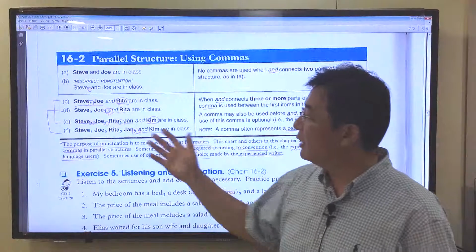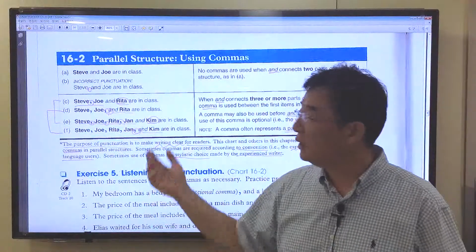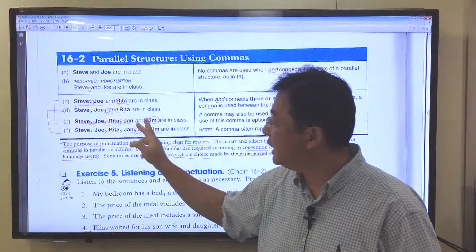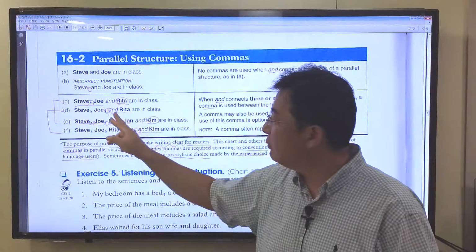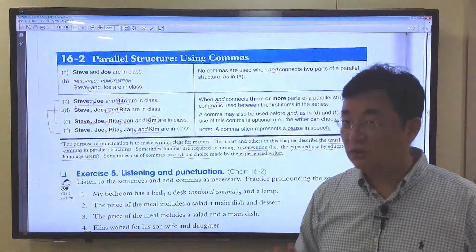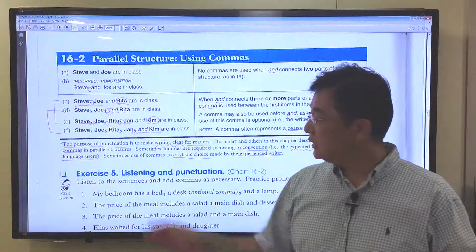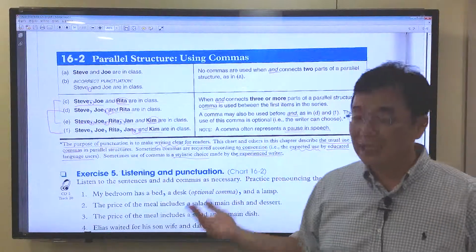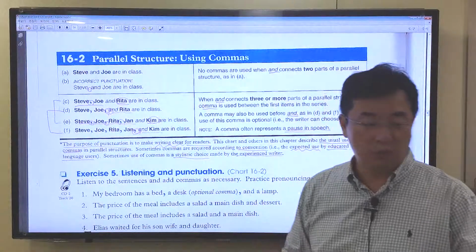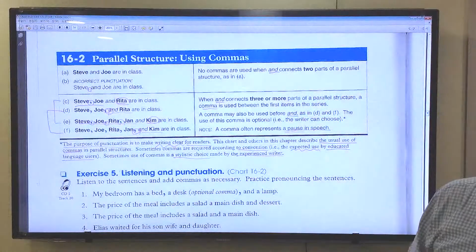But if you have more than two items, at least three, then you put commas between the first items like in D and F, or you can put the last comma in front of the conjunction too. Those are the rules. I explained this just in case, but don't worry too much about it. In your case, follow these rules for punctuation of commas.